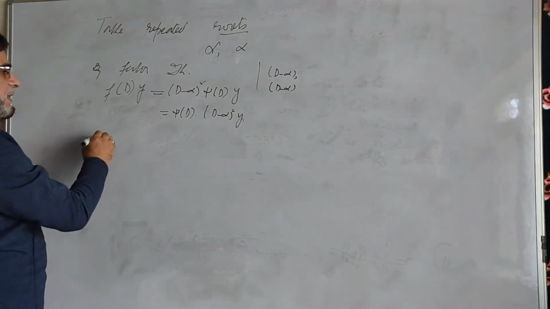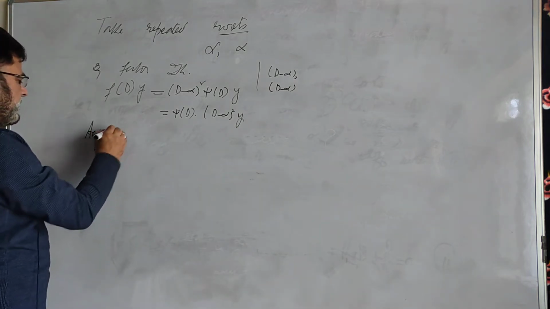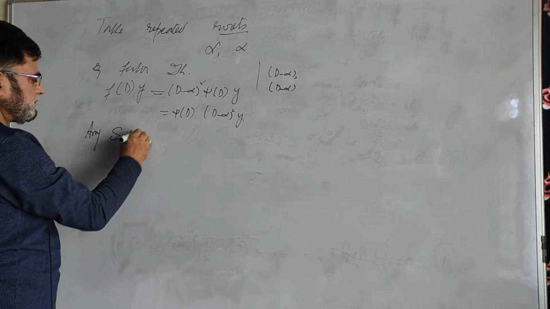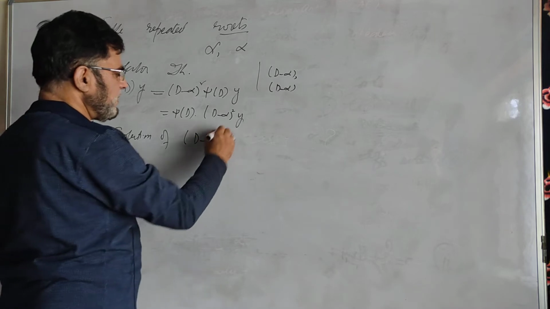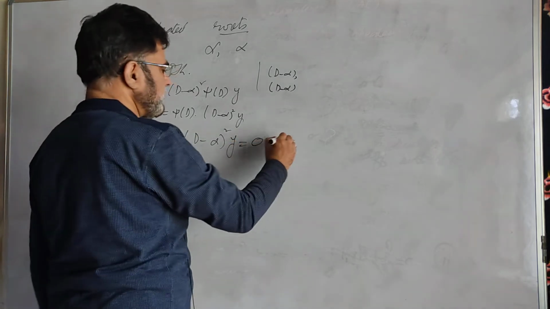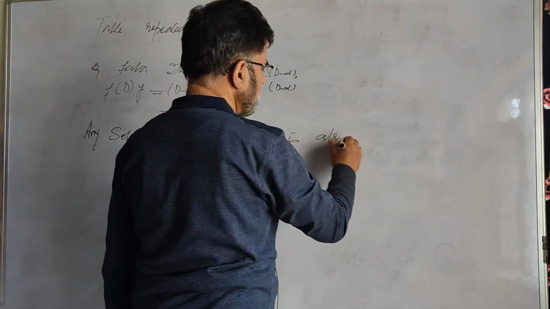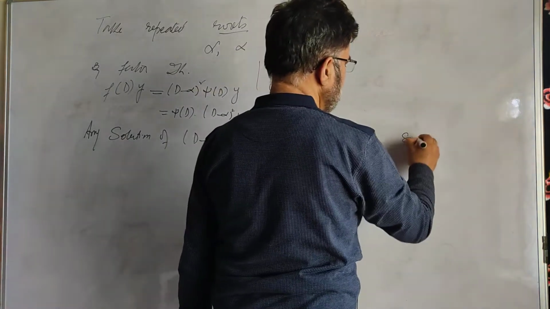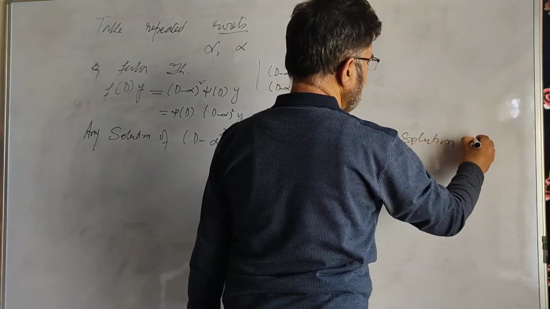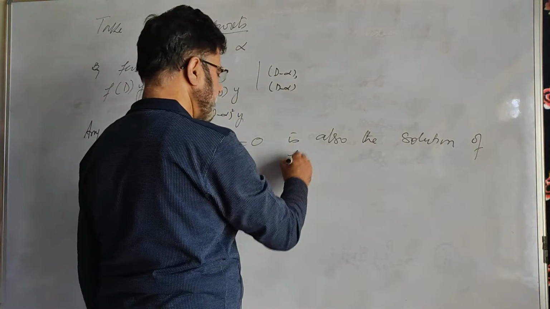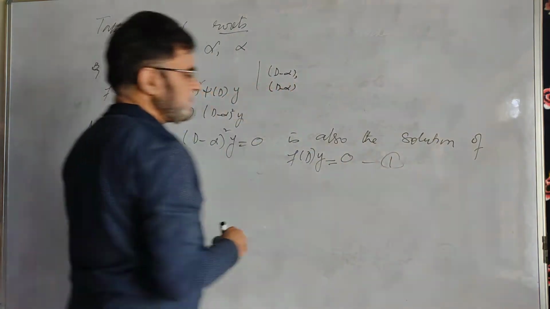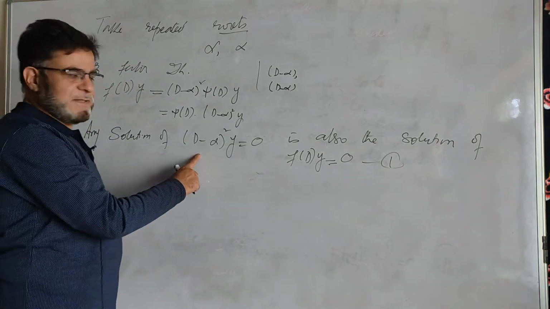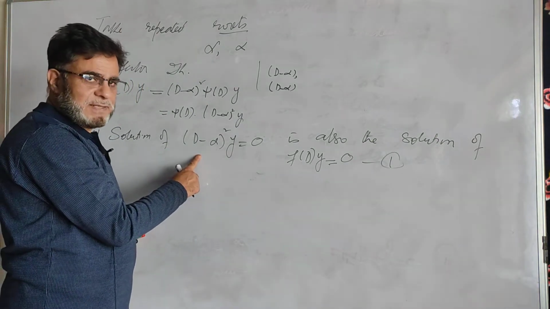Here also we write that any solution of D minus alpha square y is equal to 0 is also the solution of F of D y is equal to 0, because this is a factor of this. It is by factor theorem.